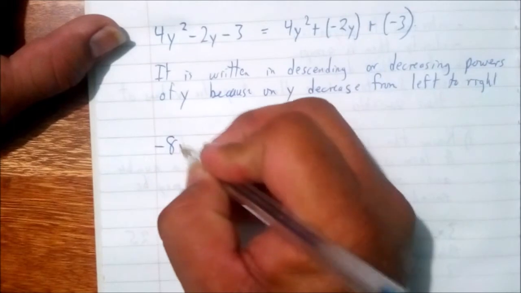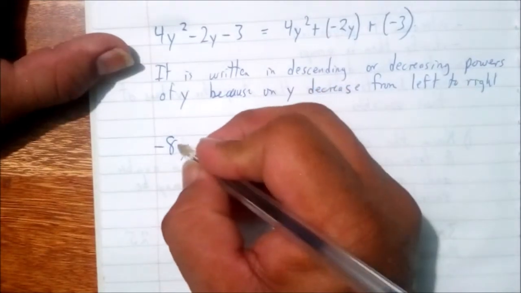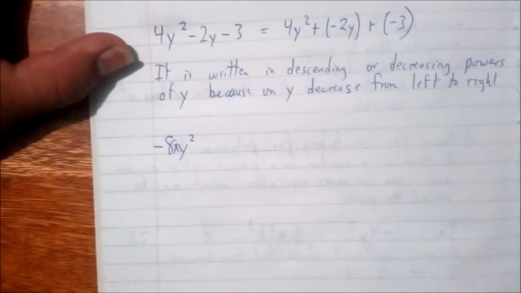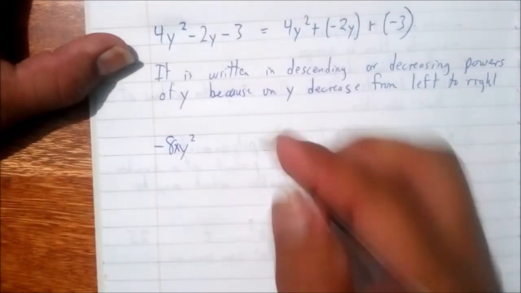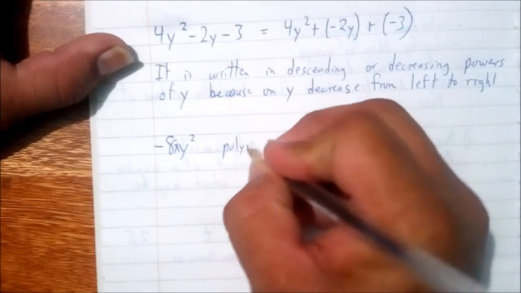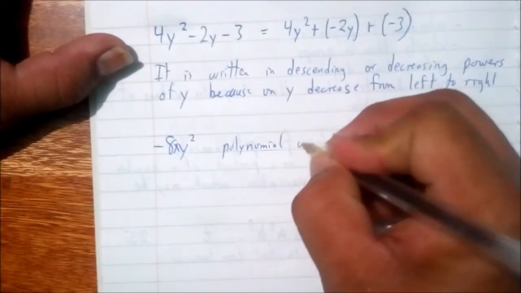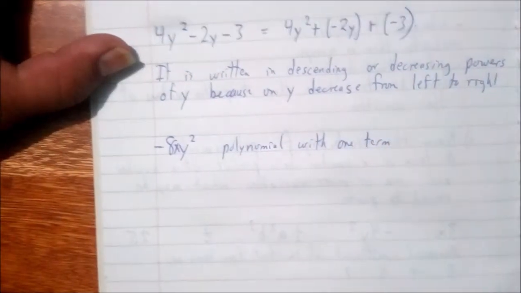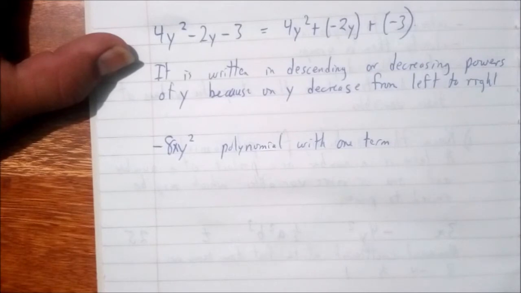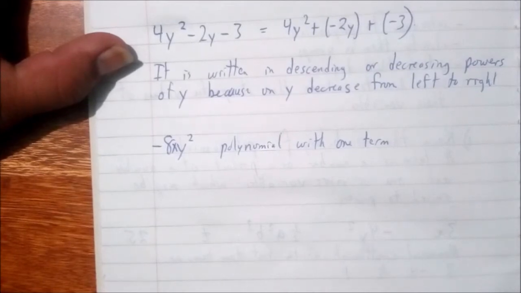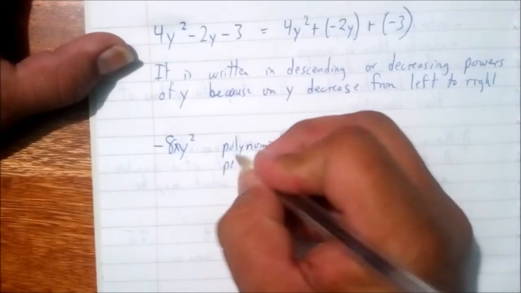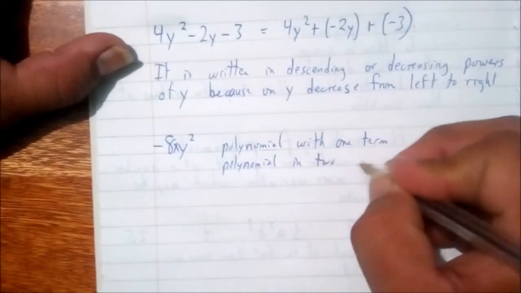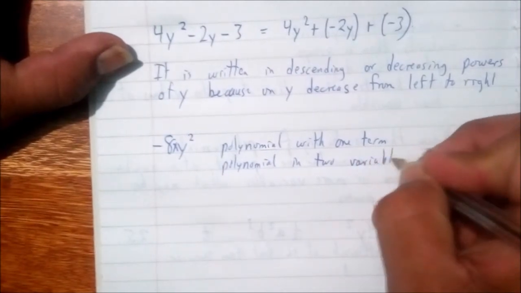Negative 8xy squared is a polynomial with 1 term. We say that it is a polynomial in 2 variables, and let's see why.